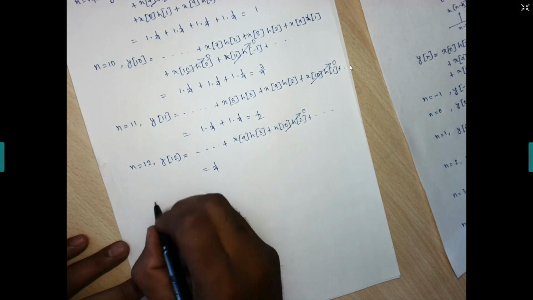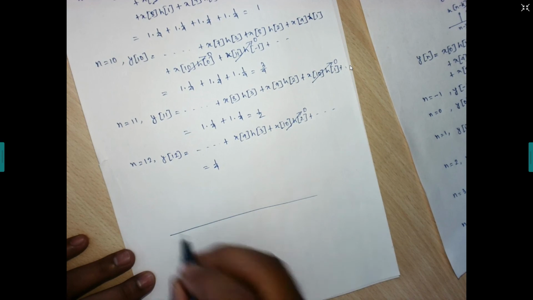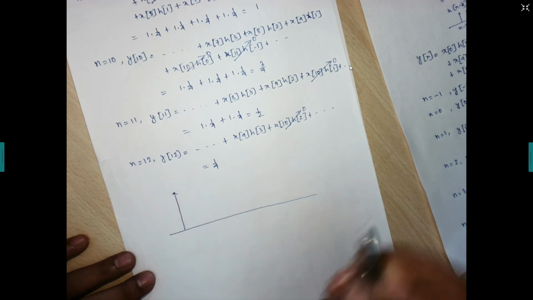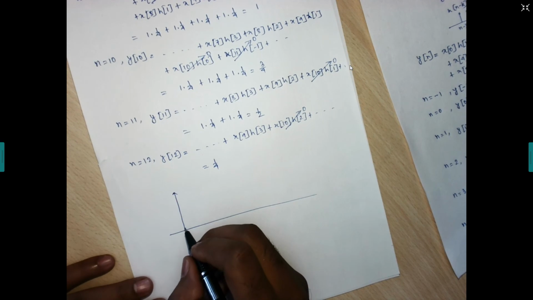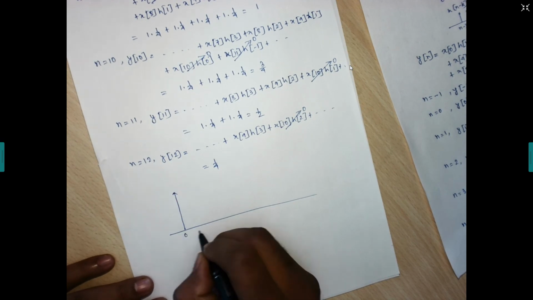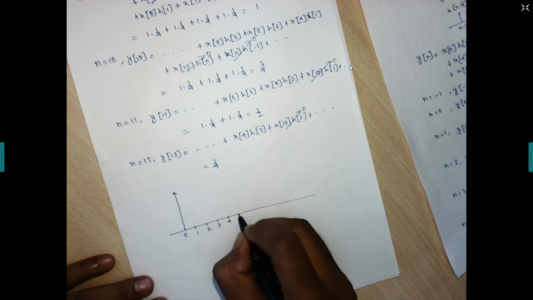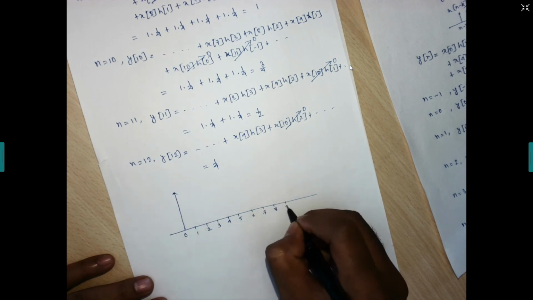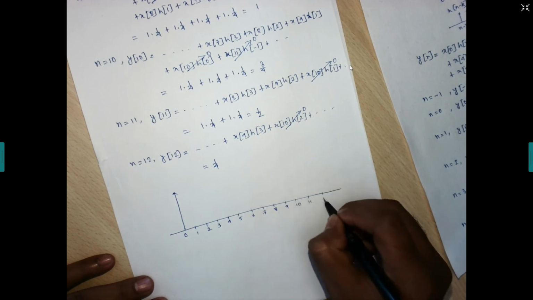So if we plot this y of n, how will our y of n look? Our y of n is having in total 13 samples starting from 0 to 12: 0, 1, 2, 3, 4, 5, 6, 7, 8, 9, 10, 11 and 12.